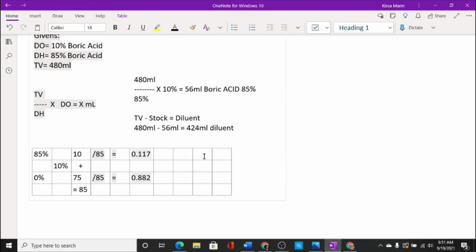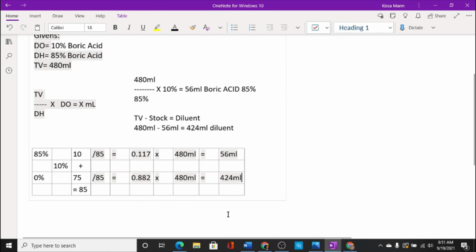And then we multiply by our total volume, 480 milliliters, and this yields 56 milliliters up here, and this yields 424 milliliters down here, excuse me.